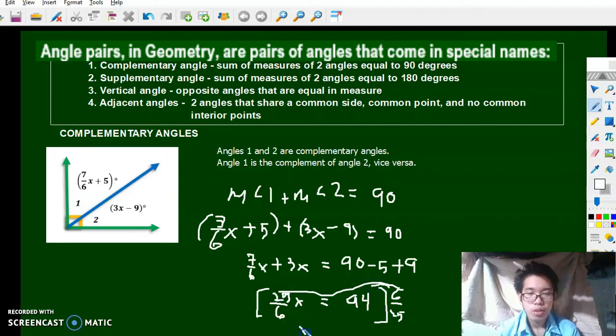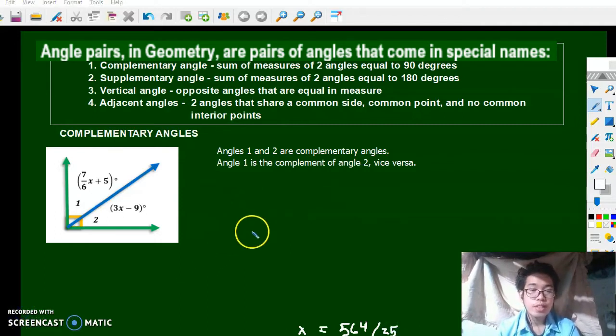So x is now equal to 94 times 6 over 25, that's simply 564 over 25. So your answer is a fraction. That's how we got the value of x.